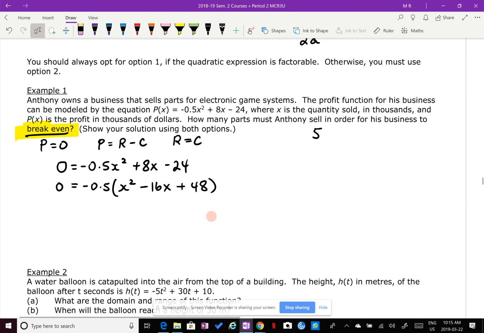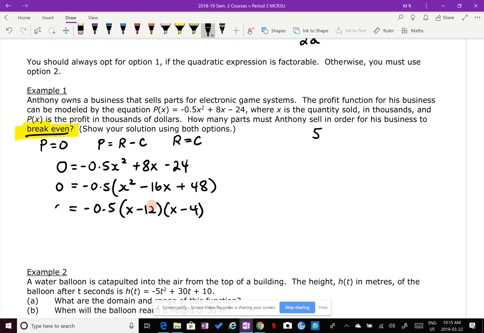You keep going, can you factor this? Simple trinomial factoring, product sum, 2 numbers that multiply to give you 48 and add up to negative 16. Those 2 numbers are 12 and 4. So x minus 12 and x minus 4 are my factors. Okay.